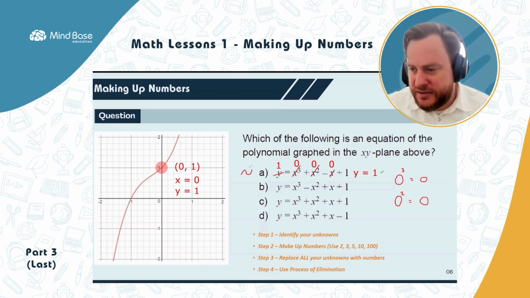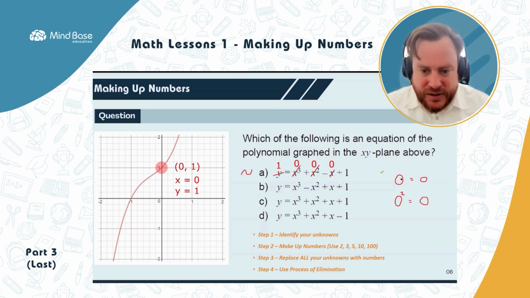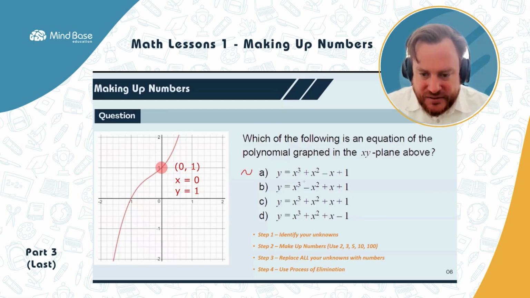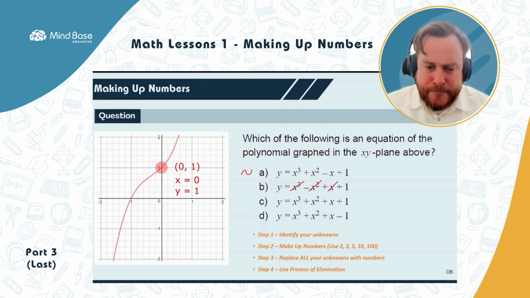But wait a minute. Let's check the other answer choices. Let's check answer choice, oops, sorry, I'm going to clean up the screen a little. Let's check answer choice B. My x's are going to disappear, and I'm going to be left with y equals 1. That also works.